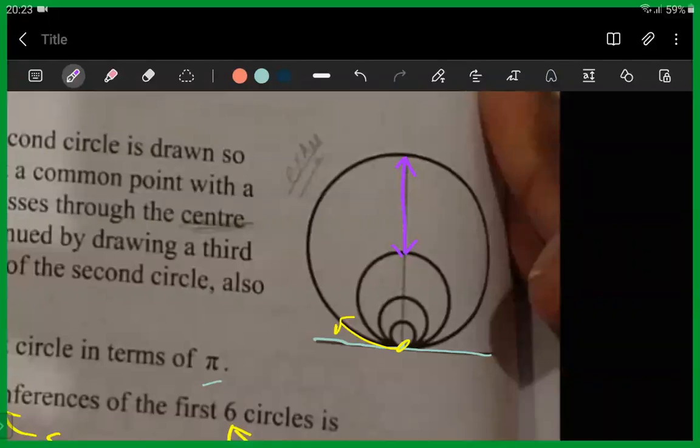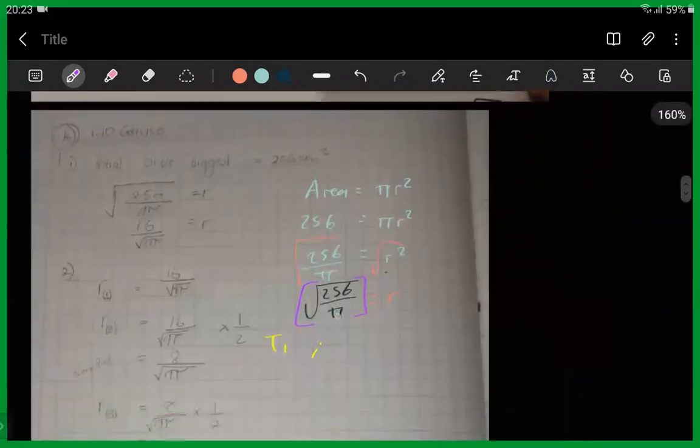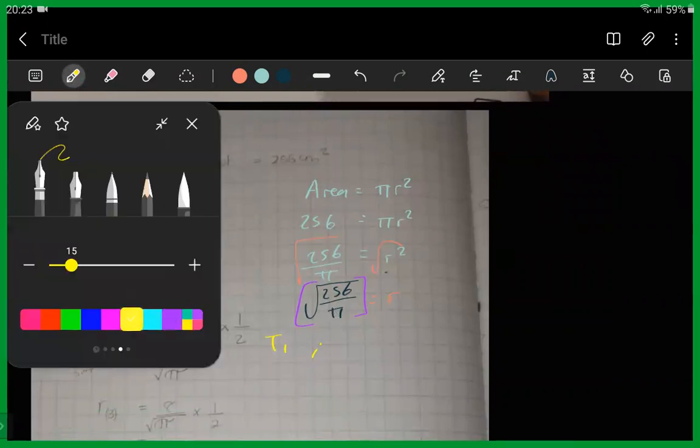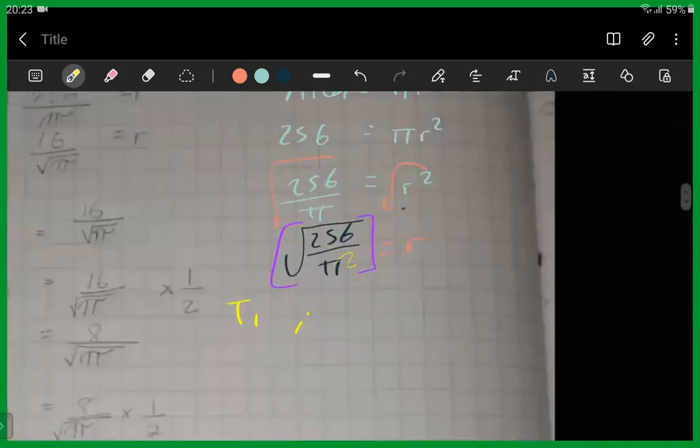So for t1, you use this r. For t2, you're going to use 2 pi r as well, but your value of r is going to be half of that one. And then the third one, you're also going to use 2 pi r, but the value of r will be half the previous one.